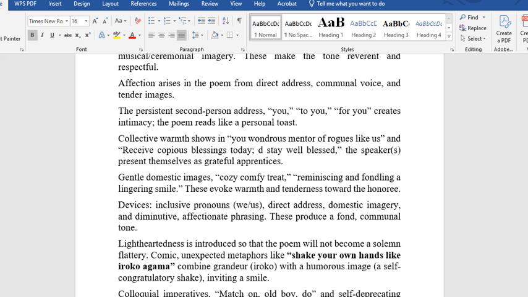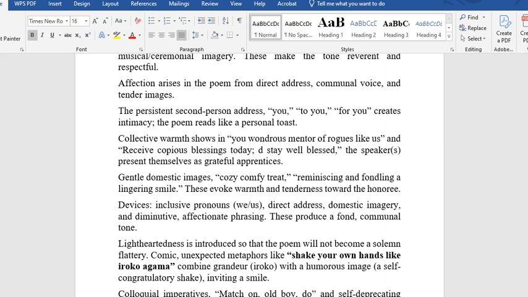Let's look at the way they refer to themselves as rogues. They say, "you wondrous mentor of rogues like us." They are making reference to the impact of the celebrants on them. Gentle domestic images, "cozy conveyed trait," "reminiscing and fondling a lingering smile," evoke warmth and tenderness toward the honoree.